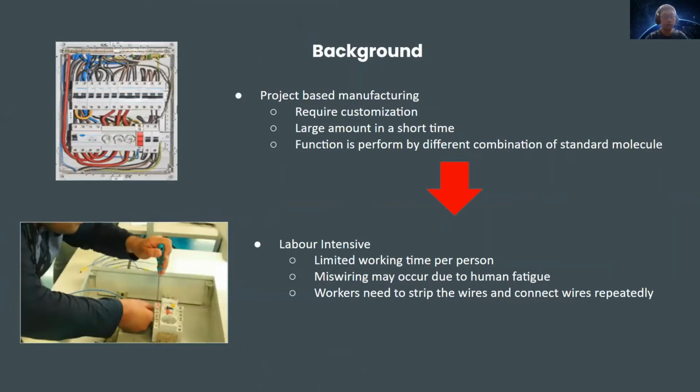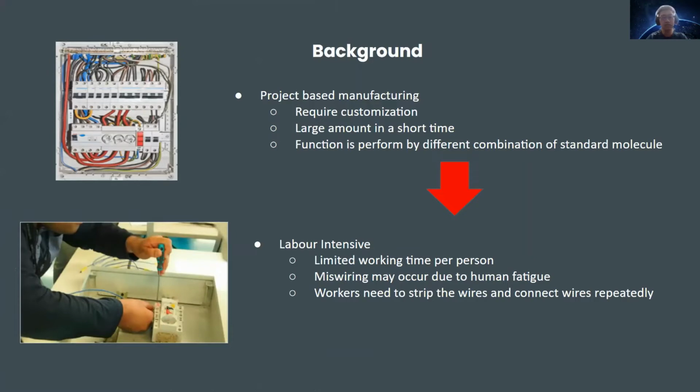The distribution box, aka the electrical panel, is used to transfer electricity from outside to inside and distribute it around the house. In a building, there are a lot of distribution boards which have different functions and require customizations.